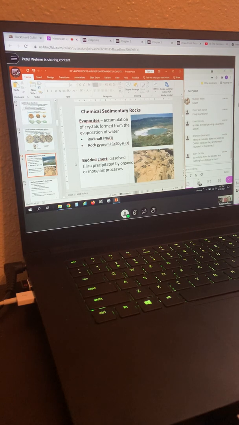Evaporites form from fluids, so they never started off jagged and became round. So there's no interpretation of textural maturity, because they never were jagged. We'd say nothing from the lab test.